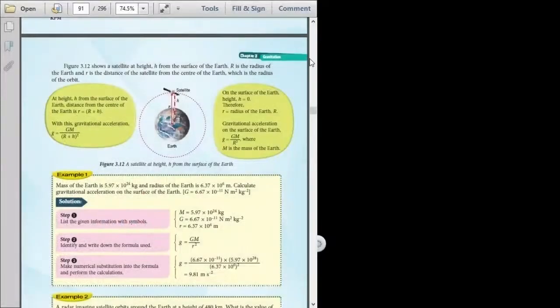First, we will look into the method that we use to find the value of g on the surface of the Earth. I will just use this question.